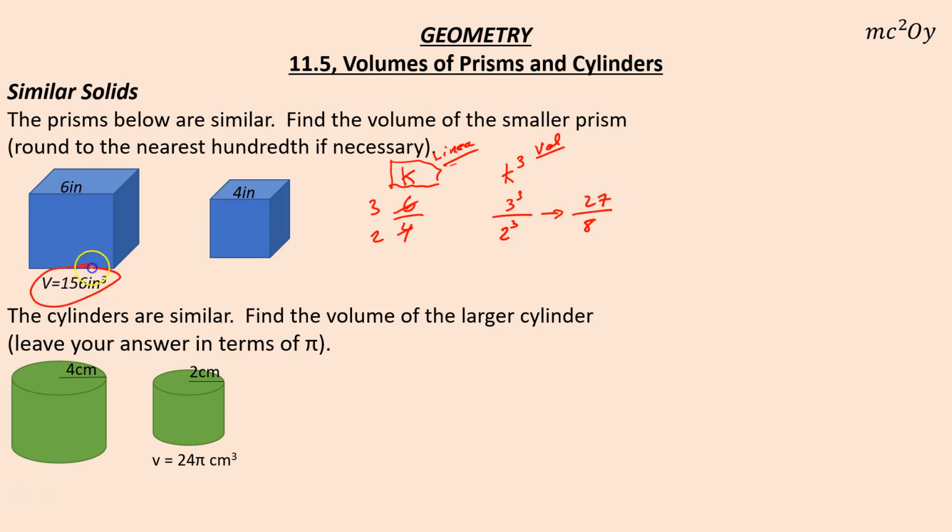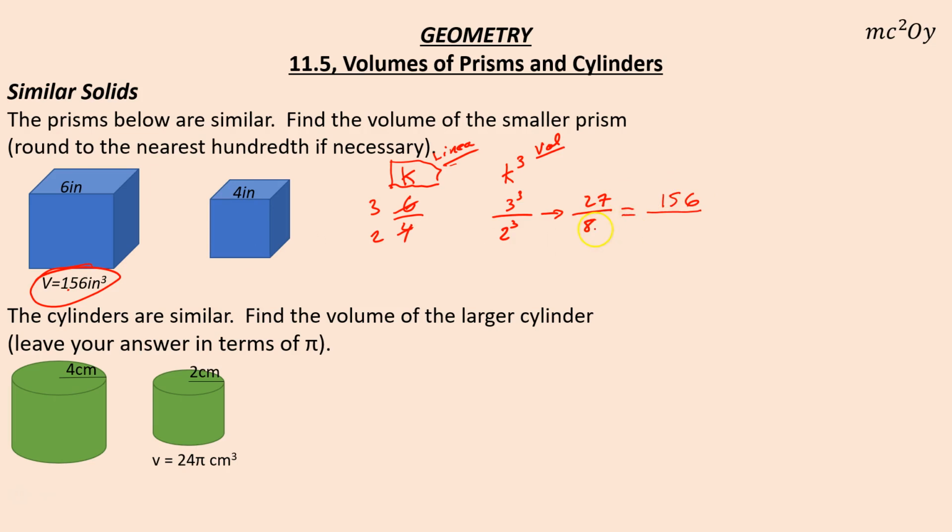And if I want to find the volume of the smaller, now that I have a volume ratio, I can actually calculate and compare the volumes of the solids here. So the volume of the bigger, which is up here with 27, is 156.